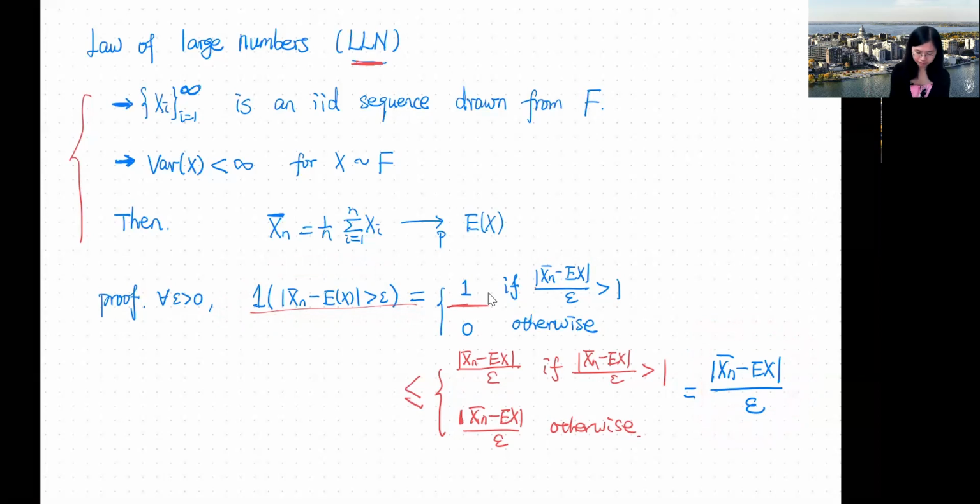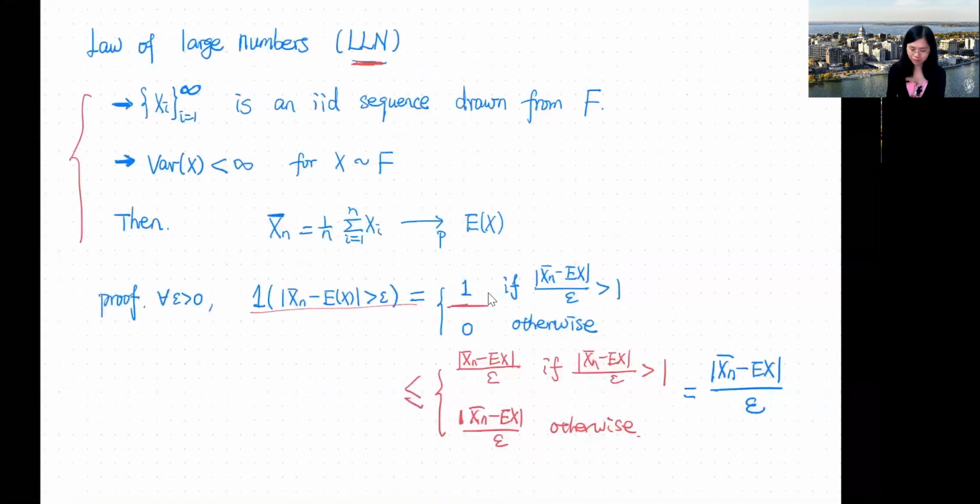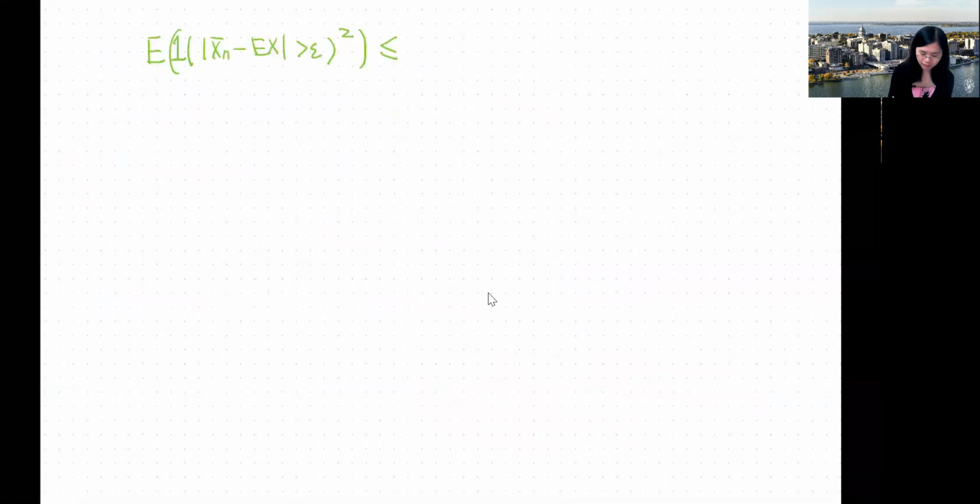So we have the expected value of this dummy variable squared, so the square of this dummy variable, which actually equals the dummy variable itself, but let's now just write the square of the dummy variable, is less than or equal to the expected value of the square of this: Xn bar minus EX squared divided by epsilon squared.